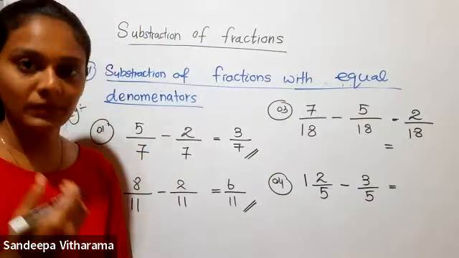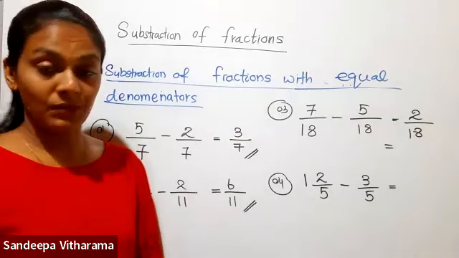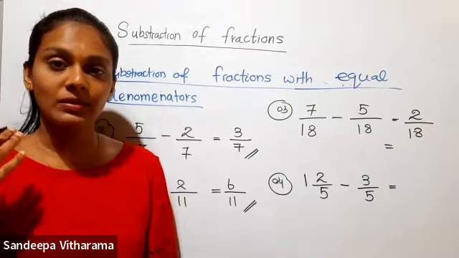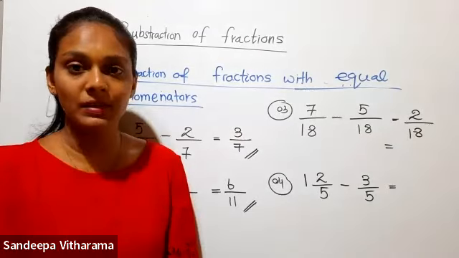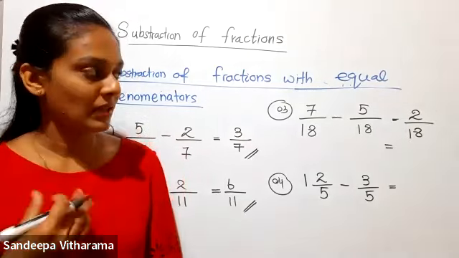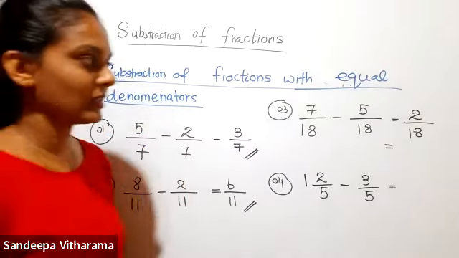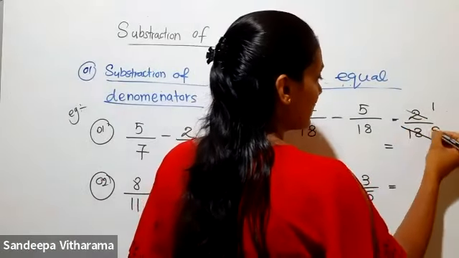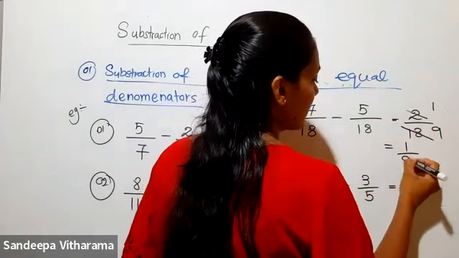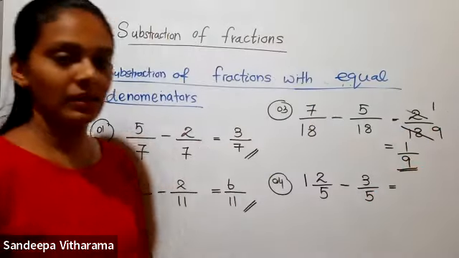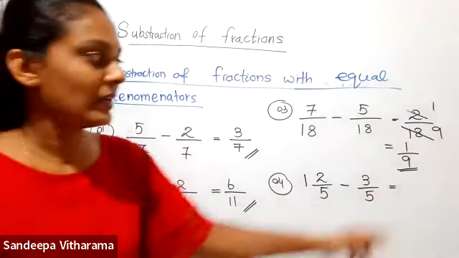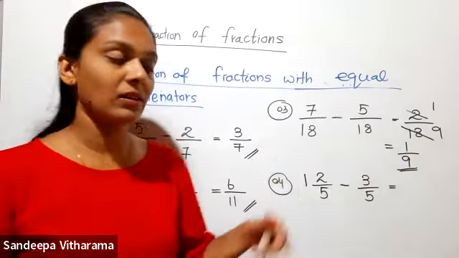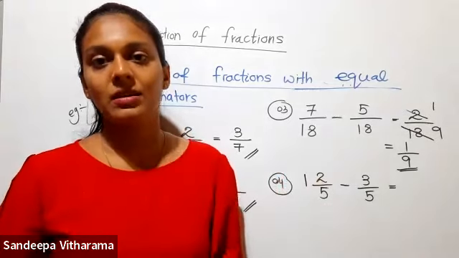When you have obtained an answer in a fraction related question, the first thing you have to do is convert that answer into its simplest form. We can divide 2 by 2, it is 1, 18 by 2, it is 9. So the answer is 1 upon 9, because the common factor of 2 and 18 is 2.